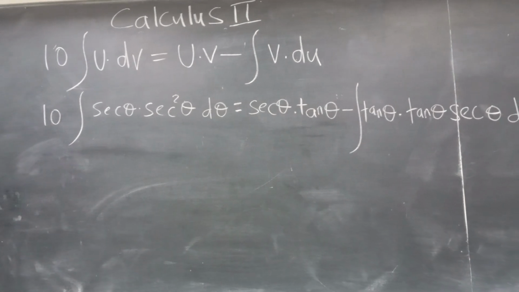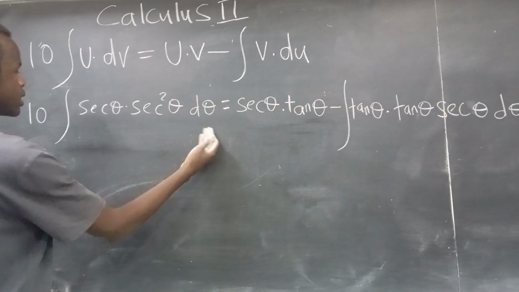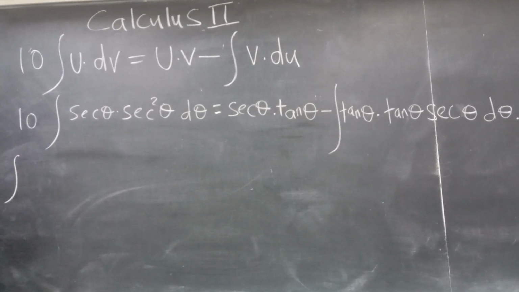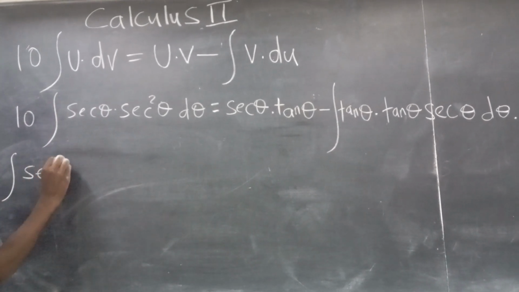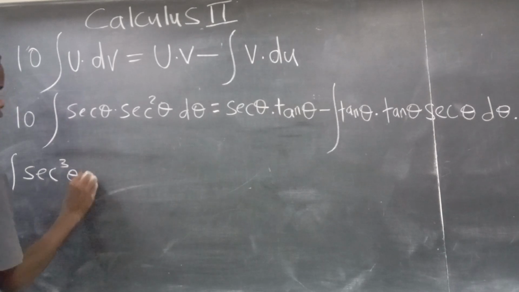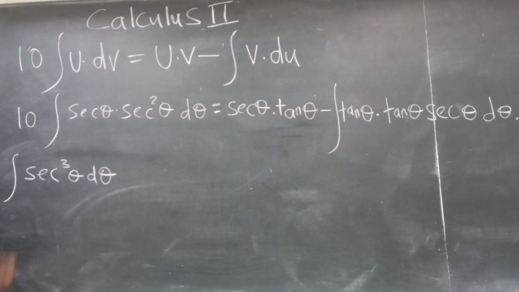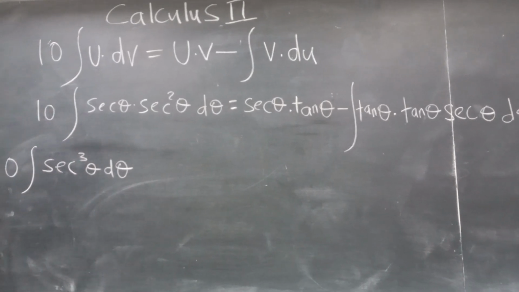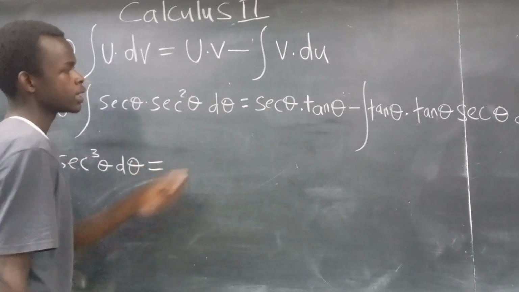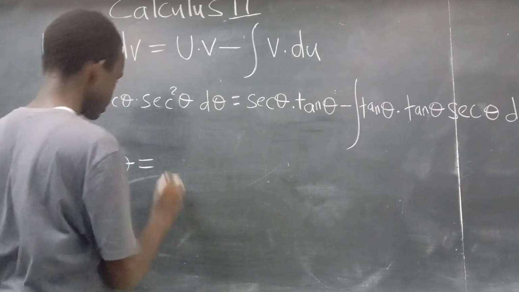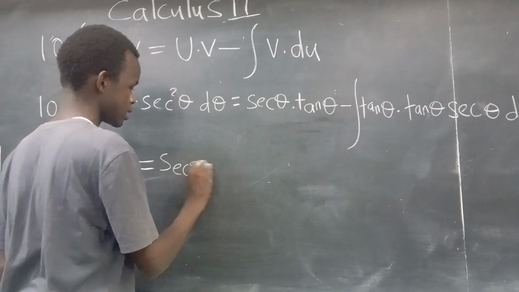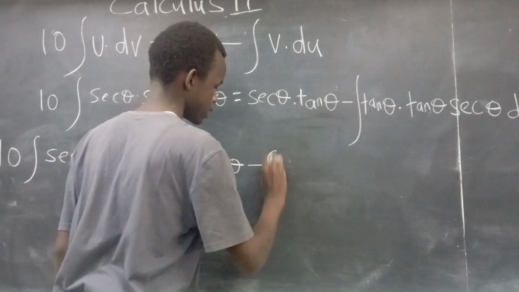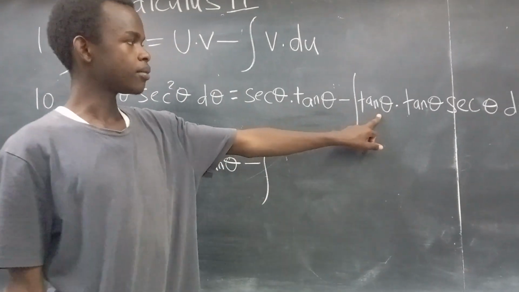Okay? So just this part, let me simplify that part. So I'm told the integral of secant cubed of theta d theta, I'll just still place my 10 there. I'll get secant theta tangent theta minus the integral of tangent theta multiplied by tangent theta.